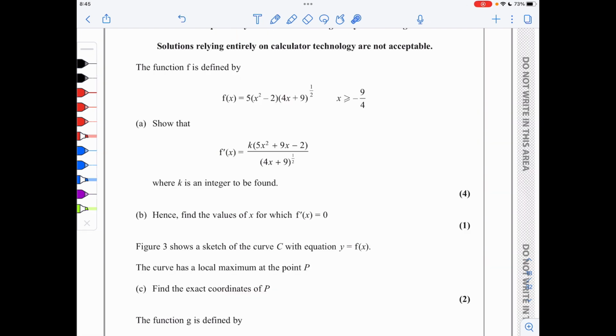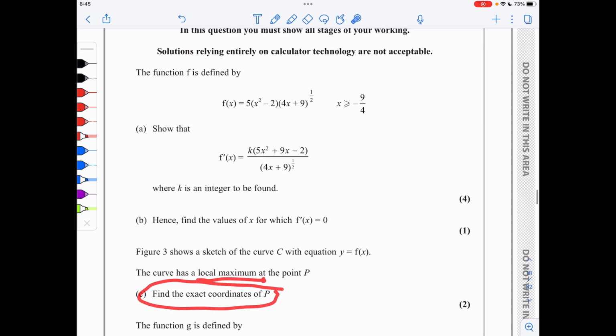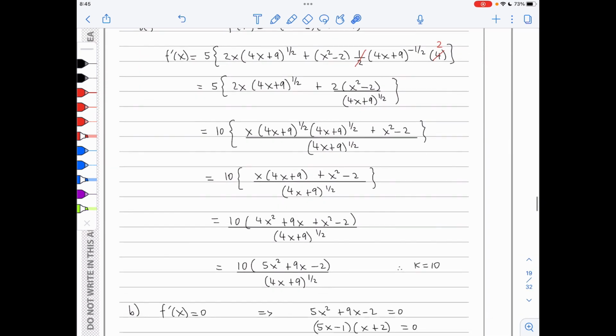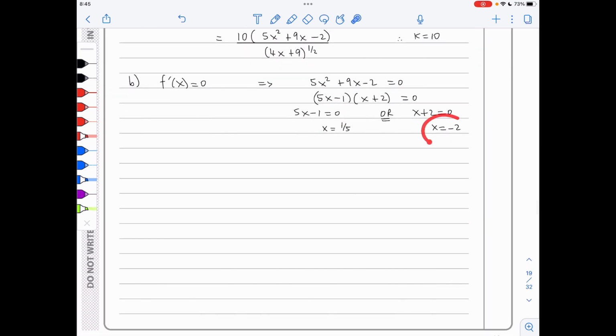In part C, we need to find the exact coordinates of P, and P is a local maximum. So referring to the diagram provided, we can see that P has a negative x coordinate, and therefore out of the two values we just found, we pick out the negative.